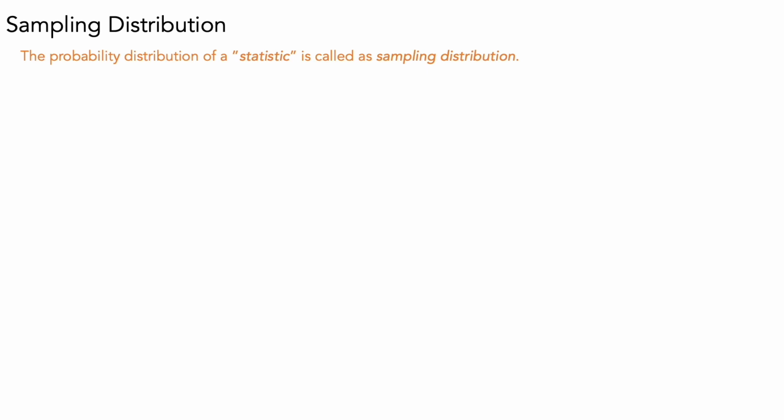So sampling can be performed from a population following any sort of probability distribution. So let us consider sampling from a normal distribution.